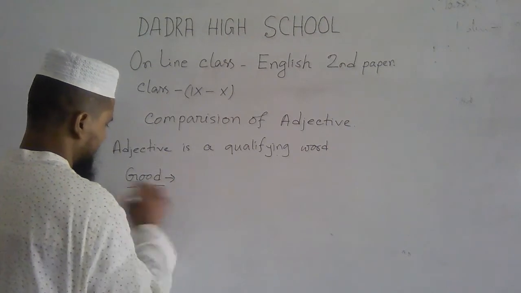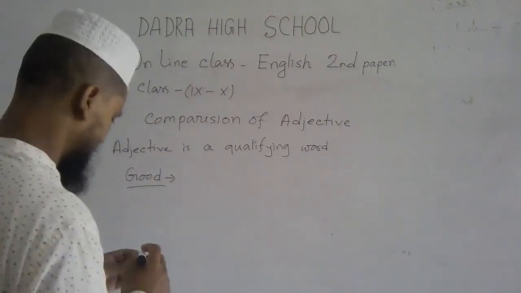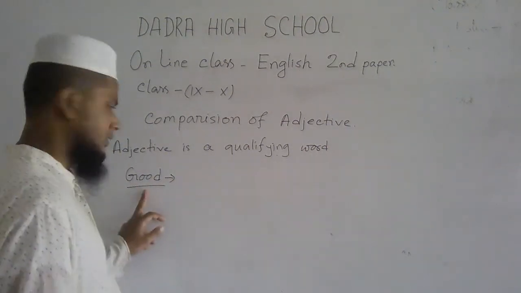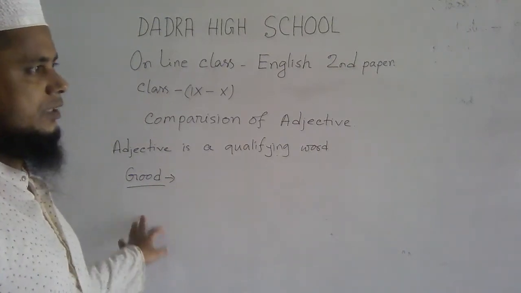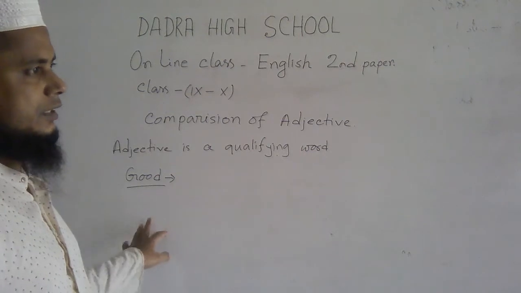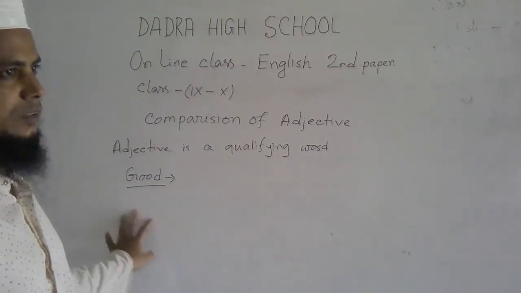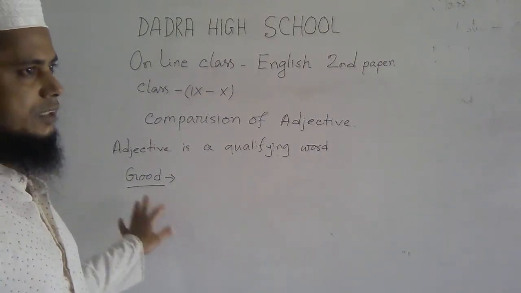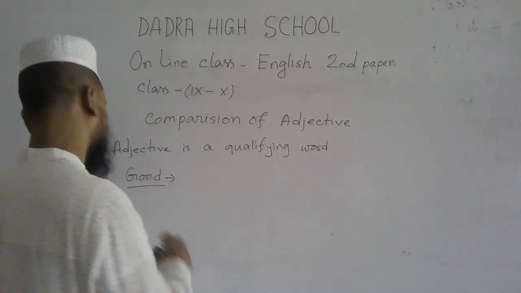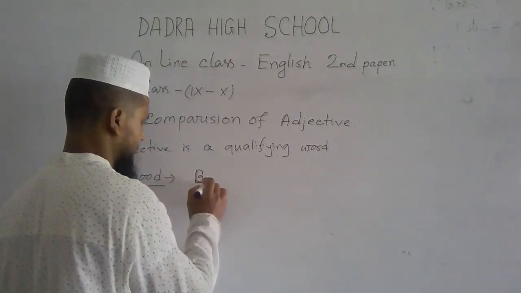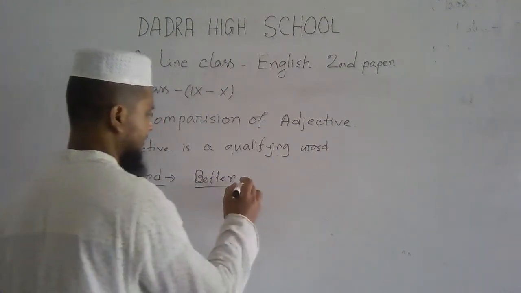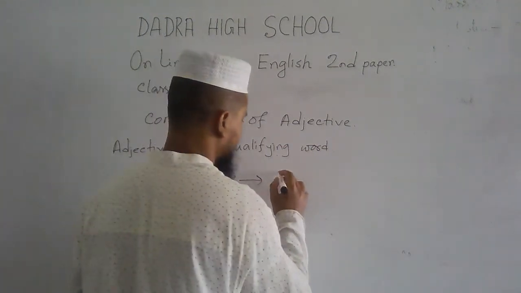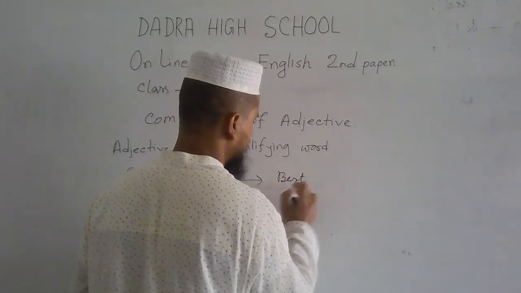This is positive form, and for this word there is a comparative form, and the comparative form is totally different from positive form. So better. This is comparative form, and superlative best.